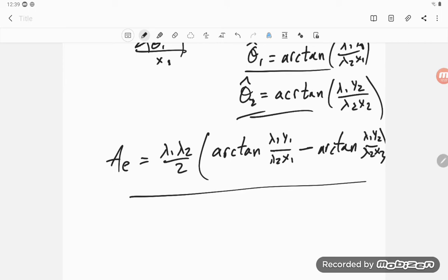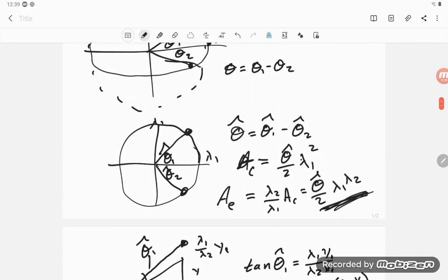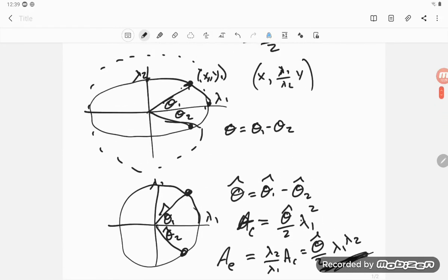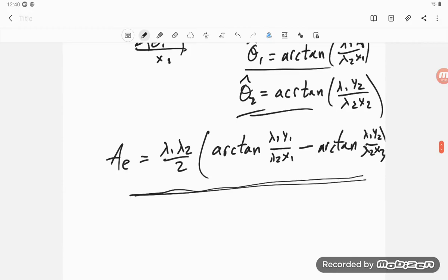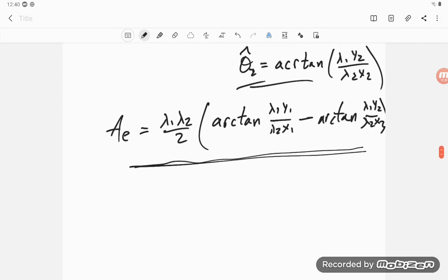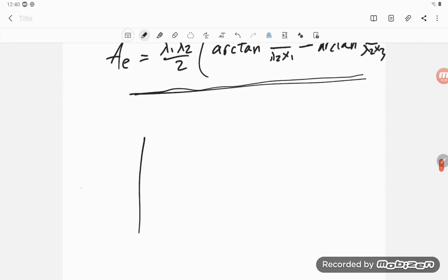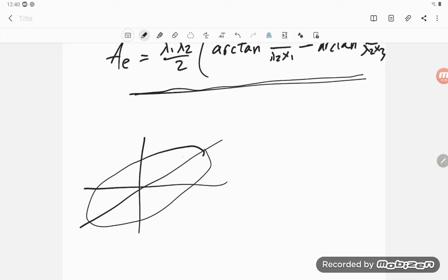And so, again, if the ellipse is nicely oriented, I can get that answer very easily. Something like this. But the problem is, if that ellipse is tilted like that, now it is not so easy to do.